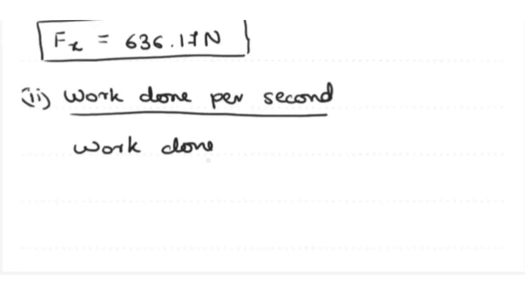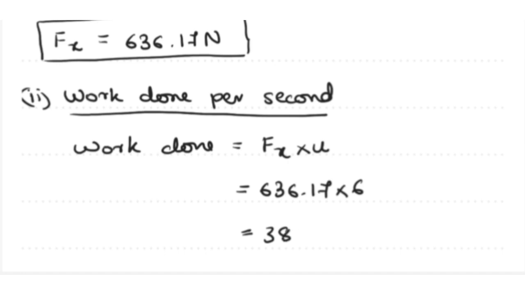Work done per second is equal to force into velocity of plate, so Fx into u. Fx we have calculated as 636.17, into u, the velocity of plate, that is 6. We will get the answer, that is equal to 3817.02 Newton meter per second.